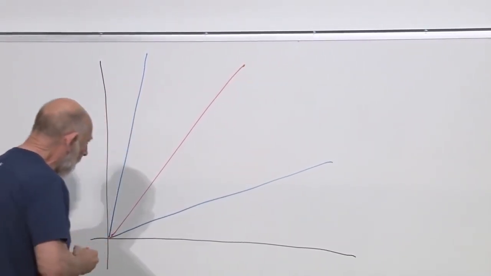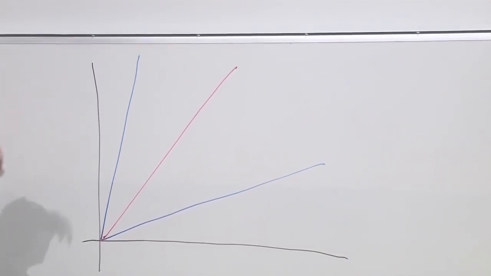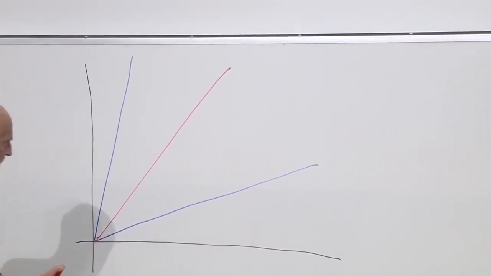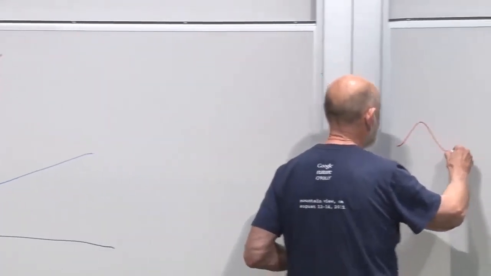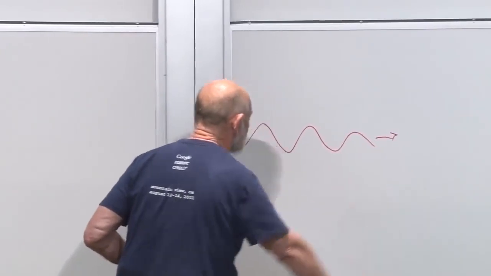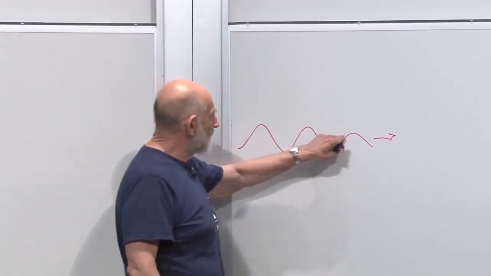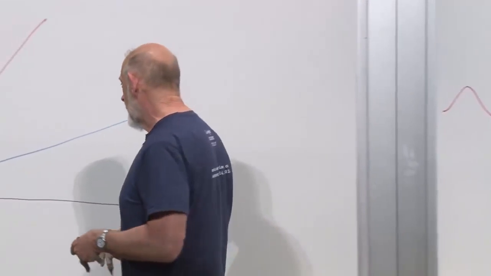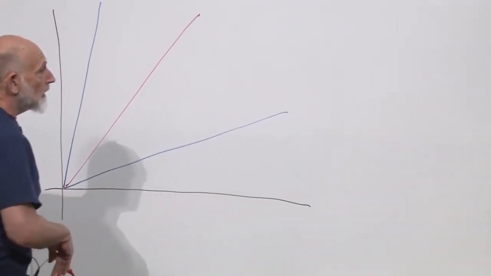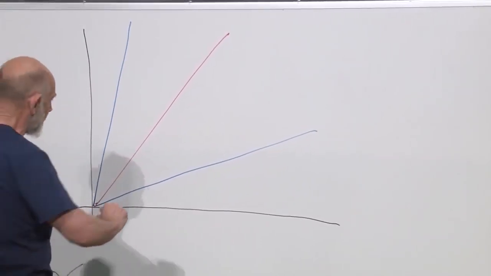Just like that. All right, now imagine that there was a wave. And the wave is moving to the right. As it moves to the right, we can follow the peaks of the wave, the high points of the wave. And I'm going to draw them in red. They're also going to move with the speed of light.